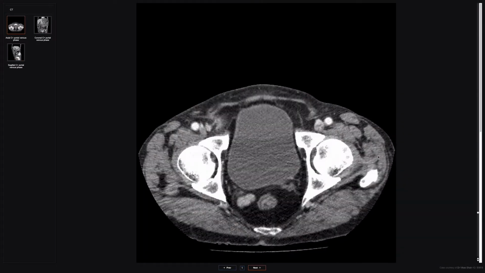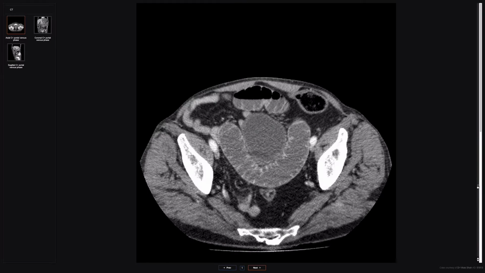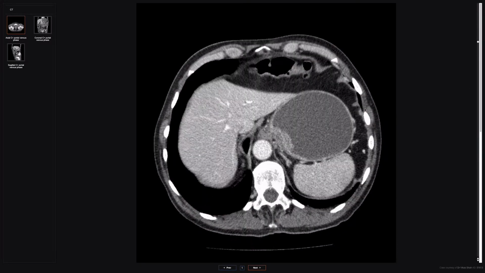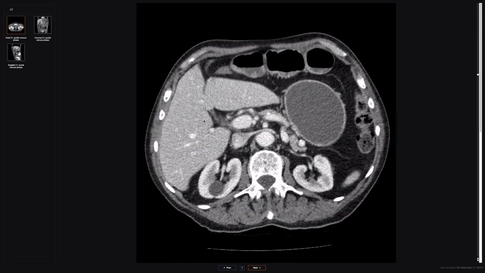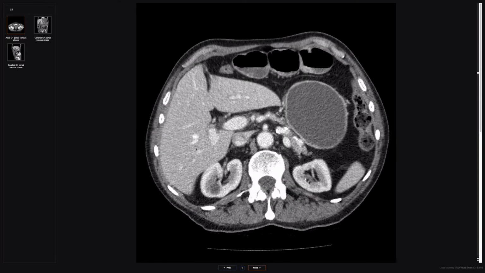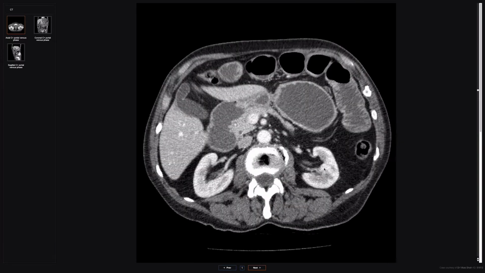So we'll go to the top, and this is a contrast enhanced portovenous phase. So how do we know? Because we've got nice uniform smooth enhancement of the liver, we've got enhancement of the parenchyma of the kidneys. Now what you'll notice with these CTs is that if you put lots of them side by side, the renal enhancement, despite the fact that they're all portovenous phase, will be slightly different, even though the acquisition time might be the same.